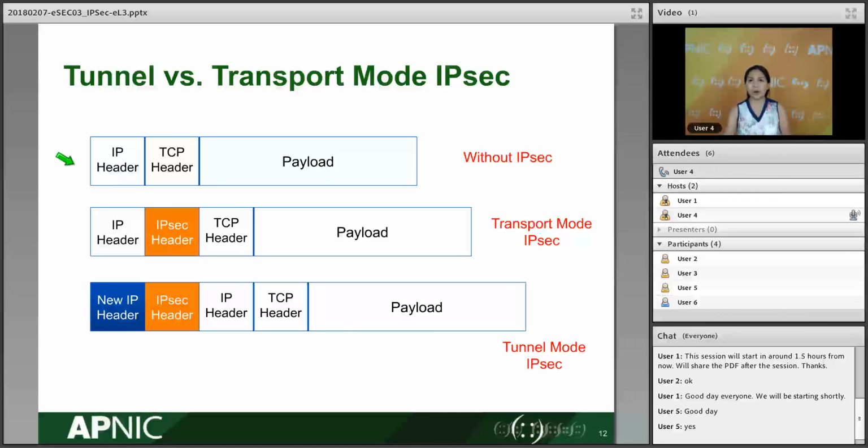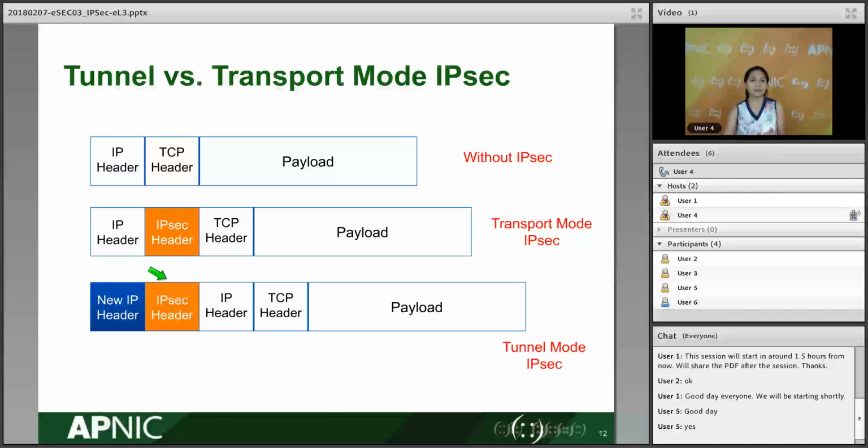Now when you're operating in tunnel mode, look at the one at the very bottom. Remember, this is your actual packet: IP header, TCP header, and payload. That's your original packet. Now it will be encapsulated with IPsec, therefore there will be a new IPsec header.